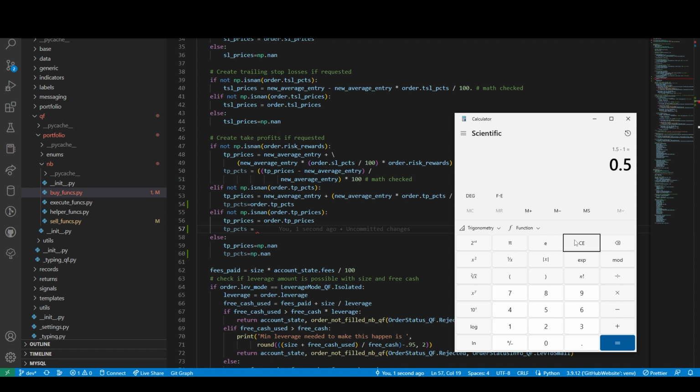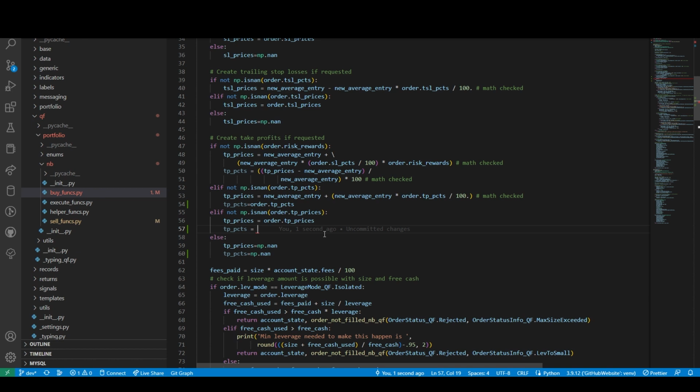Is it minus 1 times 10 to get 5%? How do you get this? Then I just realized that it's actually 50%. So that is right. You do 1500 divided by 1000, minus 1, times 100. It gives you 50%.